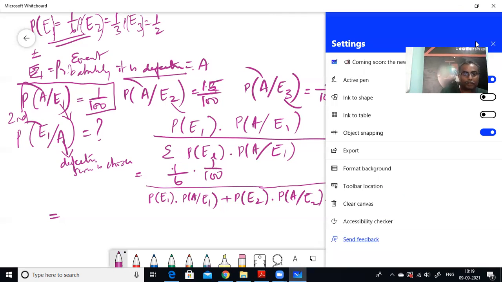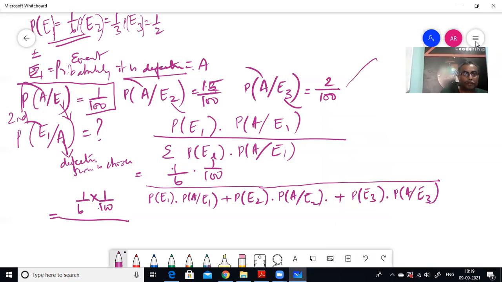Now 1/6 into 1/100, divided by P of E1 which is 1/6 into 1/100, plus P of E2 which is 1/3, into P of A by E2, which is 1.5/100.